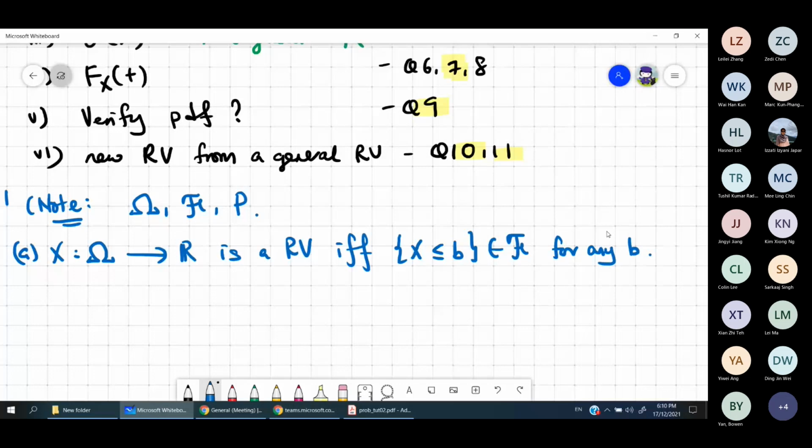Okay, so we just verify the pre-image for this interval under the mapping X, to see whether it is an event in F or not. Okay, so this is for the general case. So this is for the general setting.